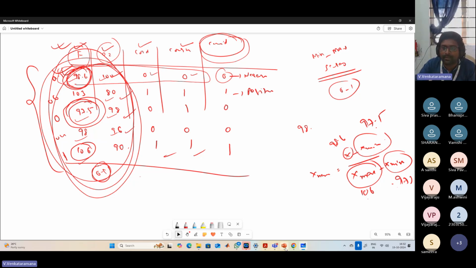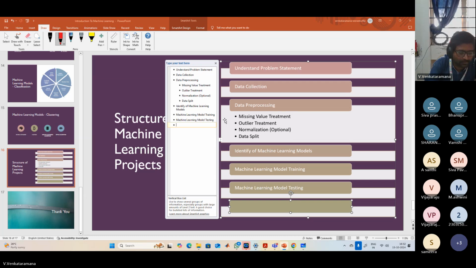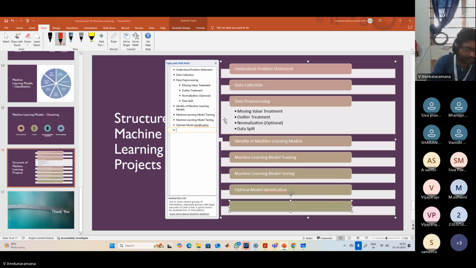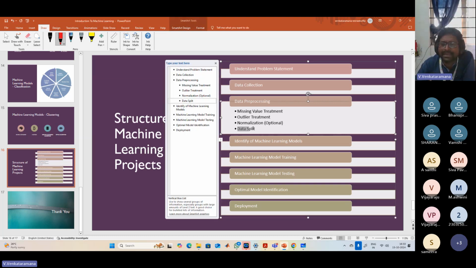Next, after normalization, you are going to do the data split. I want to write one thing. So after normalization, you go for the data split.